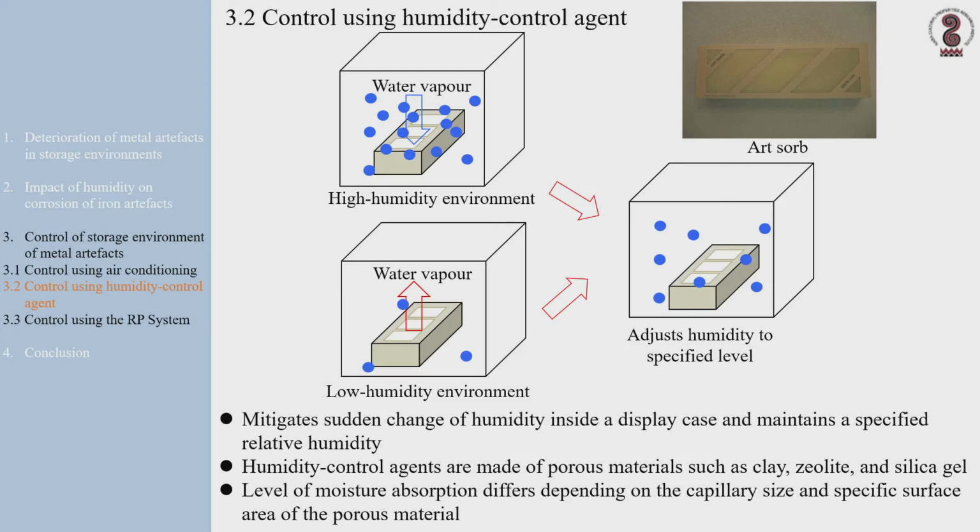As shown in the diagram, when the relative humidity is higher than the specified value, they absorb water vapor in the air. On the other hand, when the relative humidity is lower, they release water vapor and control the humidity. The level of moisture absorption changes depending on the capillary size and specific surface area of the porous material.